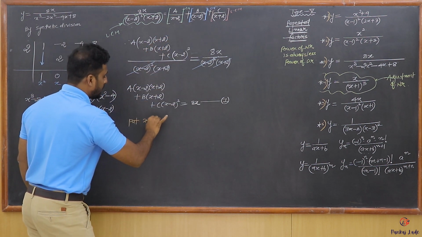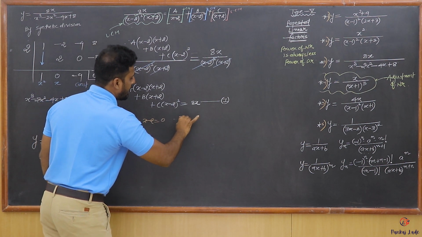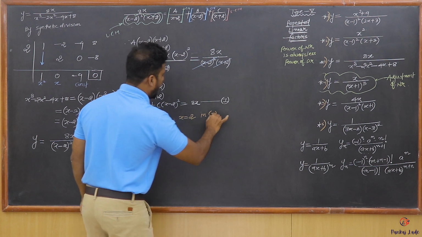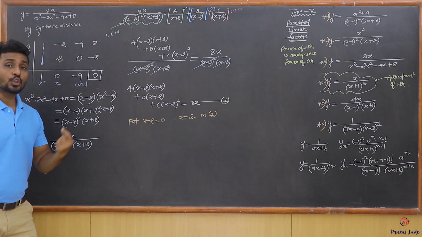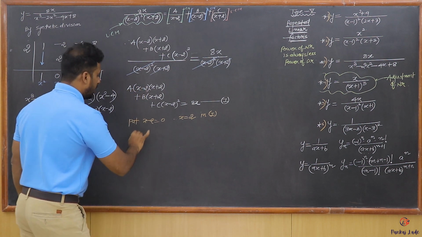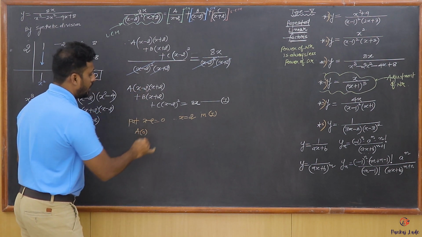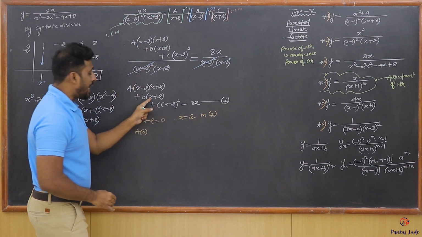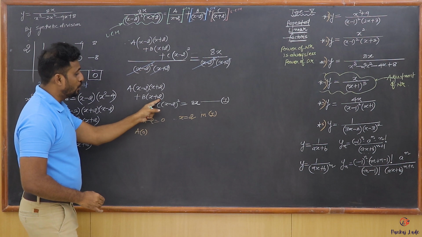So let's put x minus 2 equal to 0. That means x is equal to 2 in your first equation. So wherever you see x minus 2, you are going to put the value as 0. So a into 0, you get a into 0. Then x minus 2 is taken as 0 and x is taken as 2. So if x becomes 2, that's 2 plus 2, you get 4.